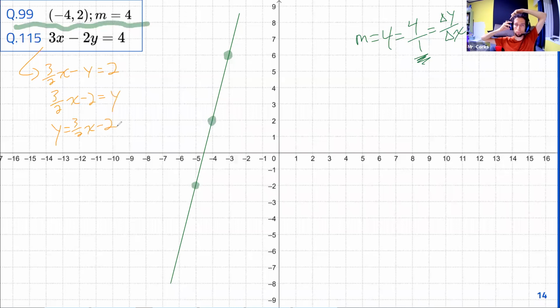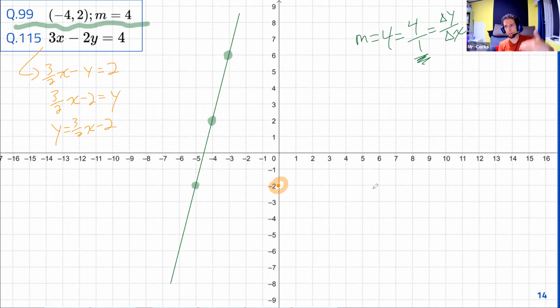Now what can we do? First, put the y-intercept on the graph, which is 0, negative 2. Here's our y-intercept. And then for points, just use the slope again, delta y over delta x, the rise over run.